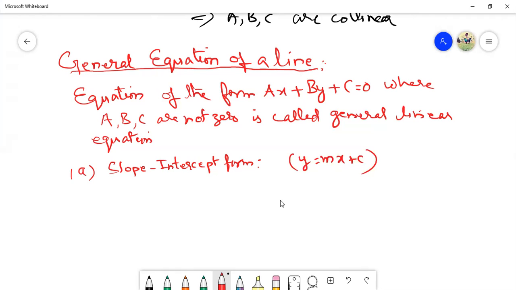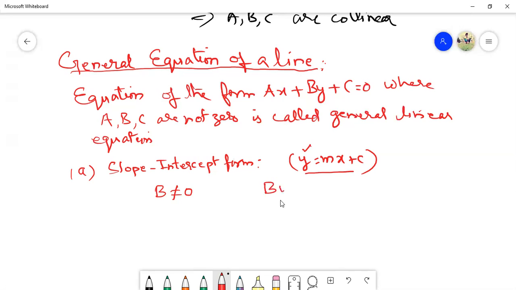Now we can convert this general equation of a line into slope intercept form when b is not equal to 0. If b is equal to 0, then y will become 0, and it will become an equation of x only, that is parallel to the y axis. So y should be on one side, and all the others we will take on the right hand side.